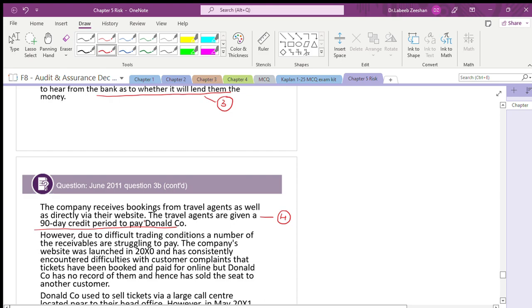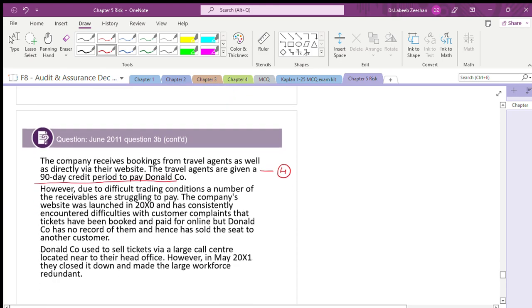They gave you a 90-day credit period. However, see the things. However, due to difficult trading conditions, a number of receivables are struggling to pay.